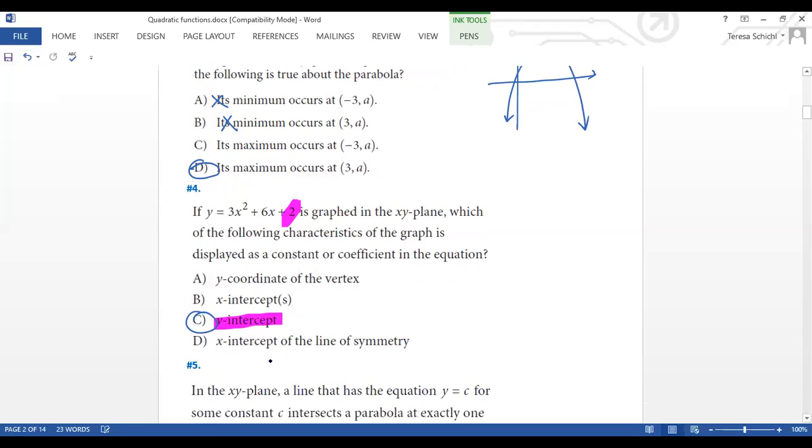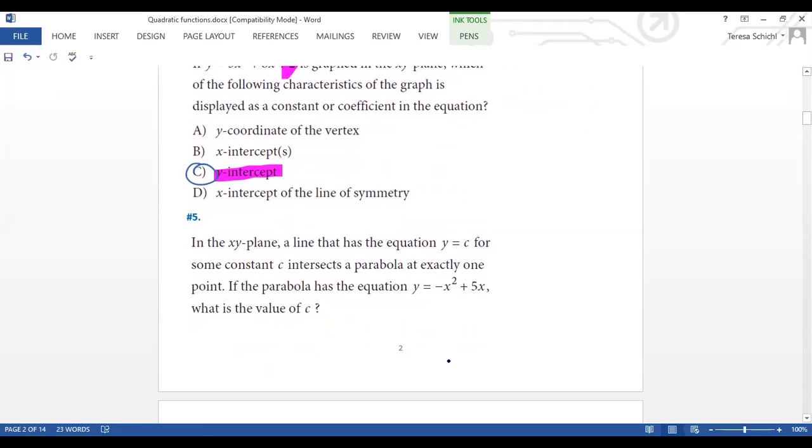Let's take a look at number 5. They say in the xy plane, a line has the equation y equals c, for some constant c, and intersects a parabola exactly at 1 point.